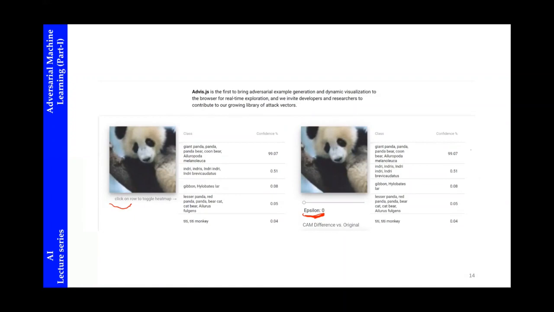Here you have the confidence of your classification, and you see that the more epsilon you add, the more noise you add to the picture, this value decreases, and the panda image is misclassified.